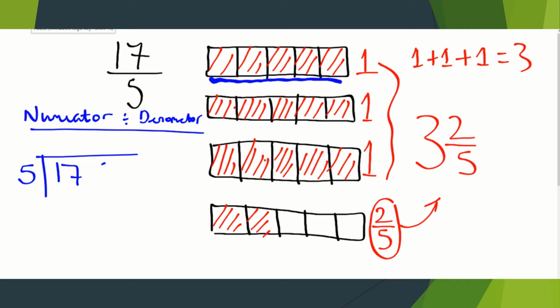How many 5s go into 1? None. Link them together. How many 5s go into 17? 3. I know that's 17 minus 15 is 2. I have none left over, so remainder 2, which becomes 3 wholes and 2/5, because all we need to do is bring our divisor over and make it across.